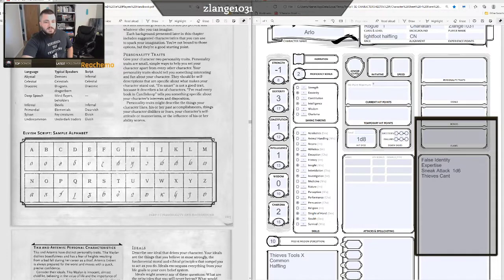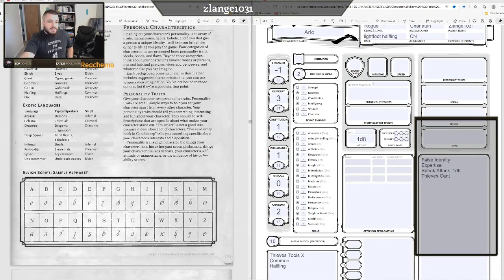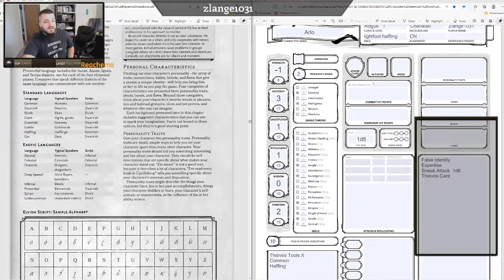Like "get" may be written "get" in Dwarvish, but might not be "get" in giant. It might be something completely different. That's something I never really understood, but it's starting to make a little better sense to me now that I think about it in some ways.